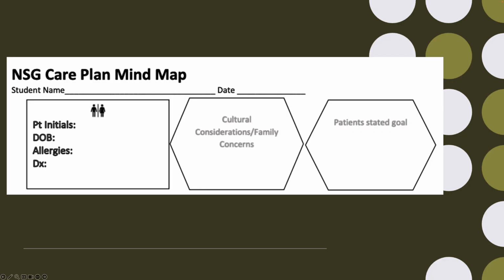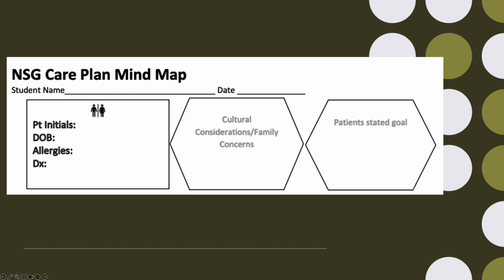So the first part of the mind map is really just getting to know your patient. Initials, please do not put their full name on there. DOB, for those of you that don't know, stands for date of birth. Allergies, and all allergies they might have. And the medical diagnosis is going to be placed here.